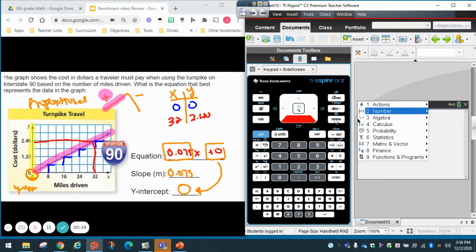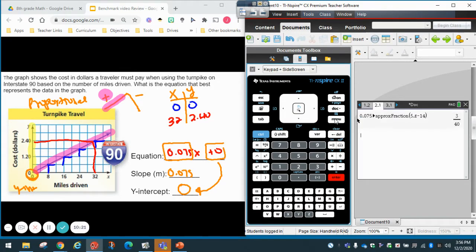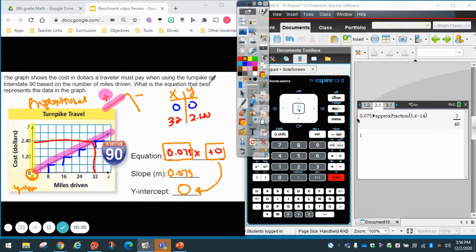Go to menu, number, go to approximate to fraction, and click enter. So another way to rewrite this is y equals 3 over 40x plus 0. These are the two answers. And again, 3 over 40 is equal to 0.075. This is how it looks in decimal, and this is how it looks as a fraction.